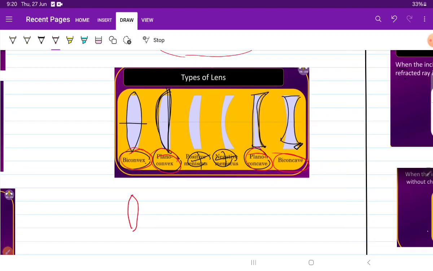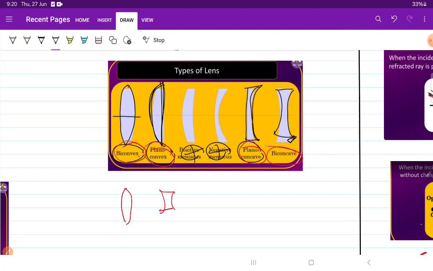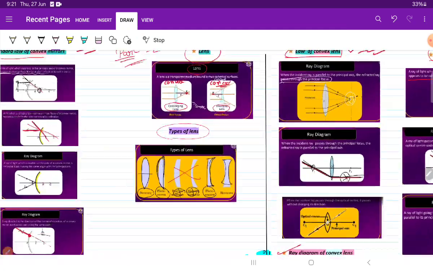Biconvex means a normal convex lens, and biconcave means a normal concave lens. Planoconvex means it is rounded on one side and flat on the other side, while in planoconcave one side is flat and the other side is rounded. So there is a difference between these 4 lenses. You don't have to do this, they are extra.